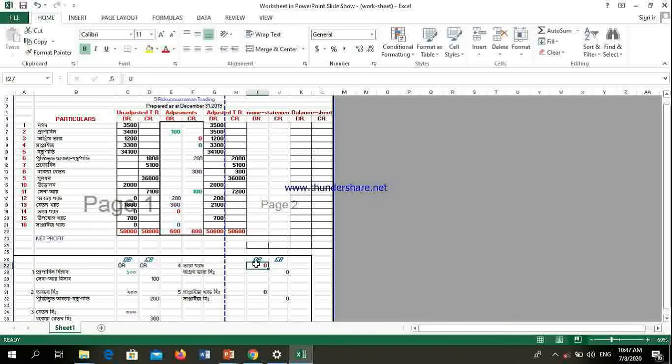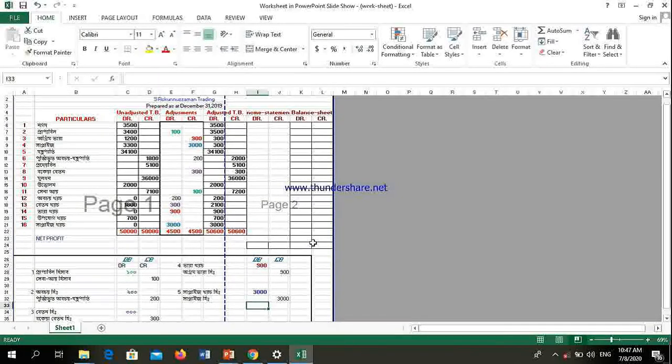In number 4 there was 900, and in case of number 5 there was 3,000. Okay, so these are the adjustments and adjusted trial balance. Look, so we have adjusted trial balance and the figure of debit, the figure of credit. Each debit amount will be equal to its credit amount.